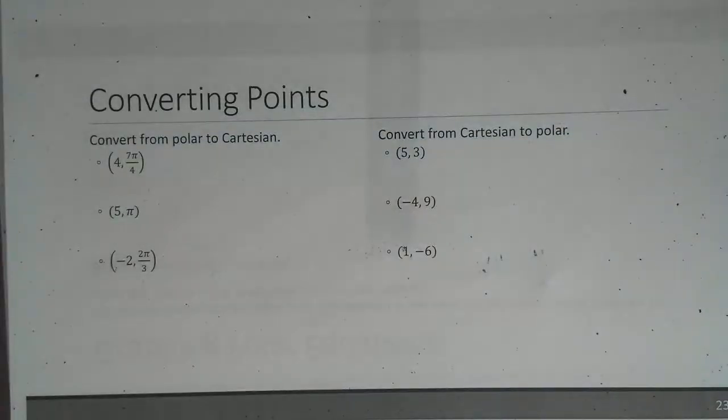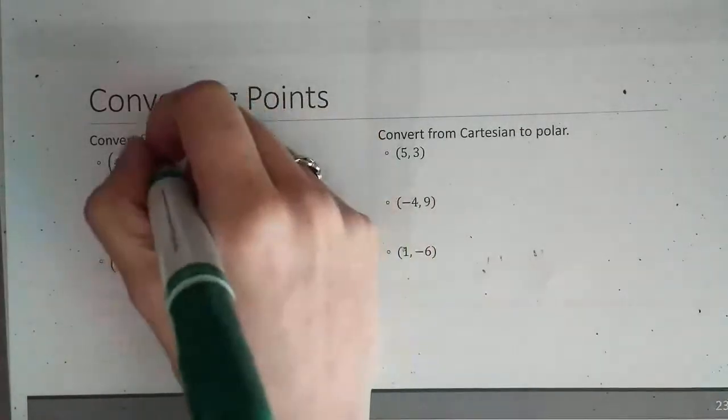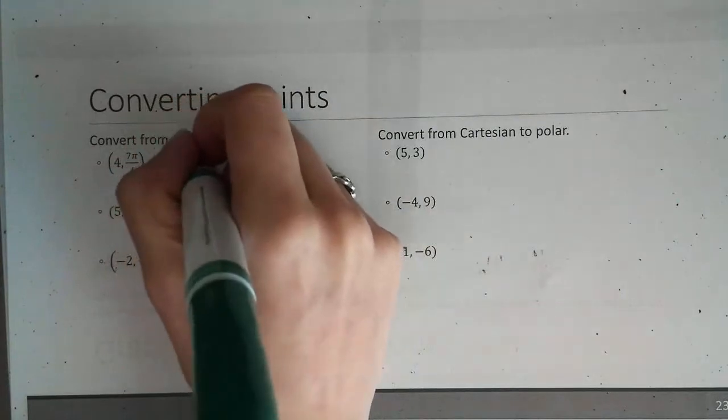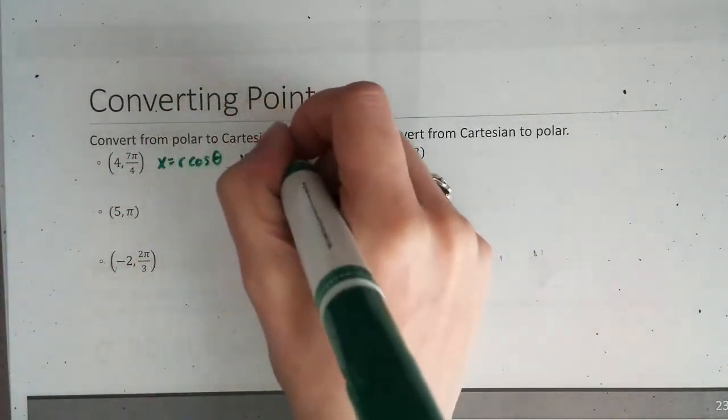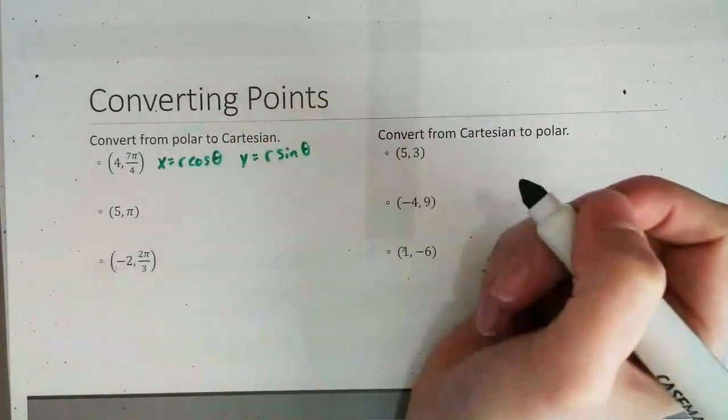So we're going to convert from polar to Cartesian coordinates first. Going from polar to Cartesian, we want to take an r and a theta and convert it to an x and a y. Well, x is equal to r times the cosine of theta, and y is equal to r times the sine of theta.